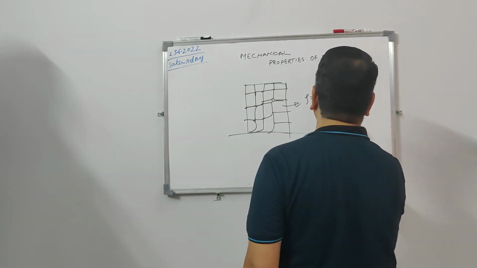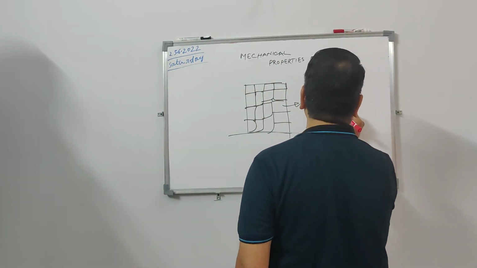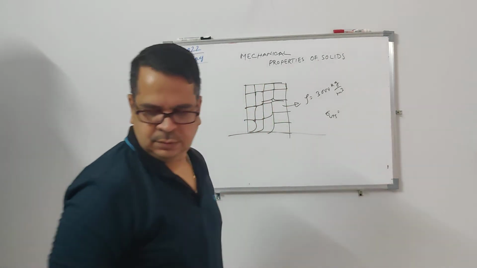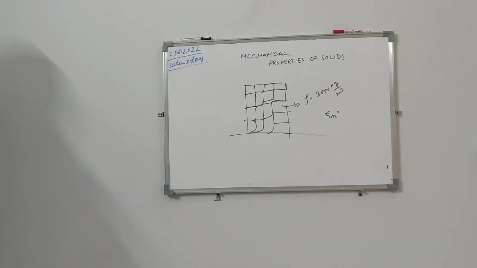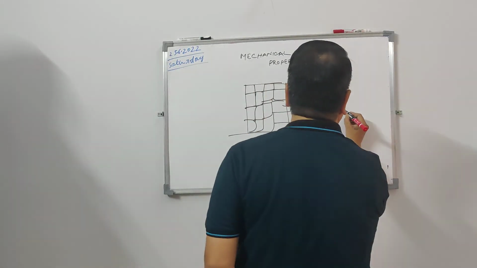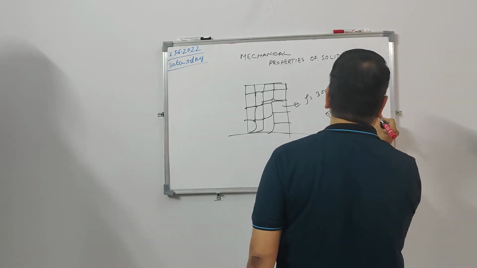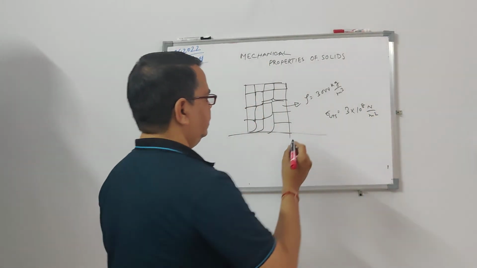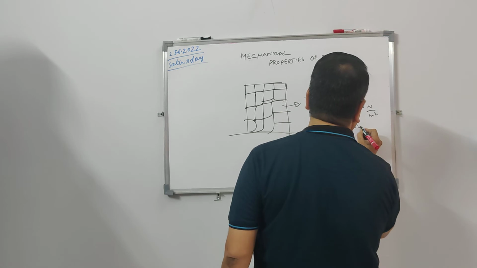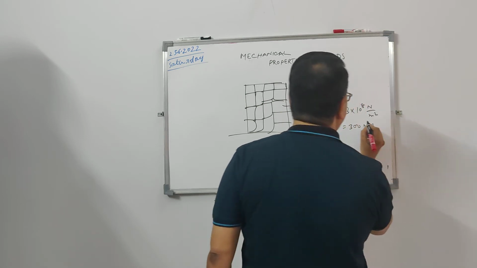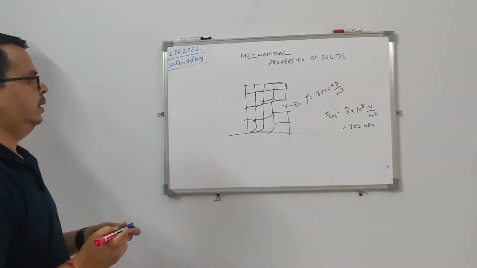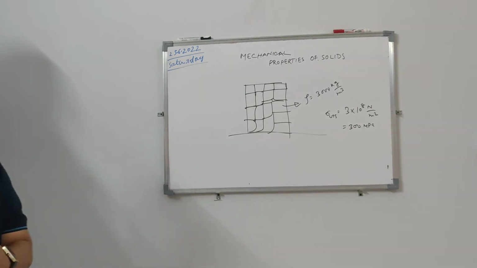The strength, we can say ultimate or whatever you write, is equal to 3 into 10 to the power 8 Newton per meter square. You can otherwise call it 300 MPa. This is your strength, the elastic limit.